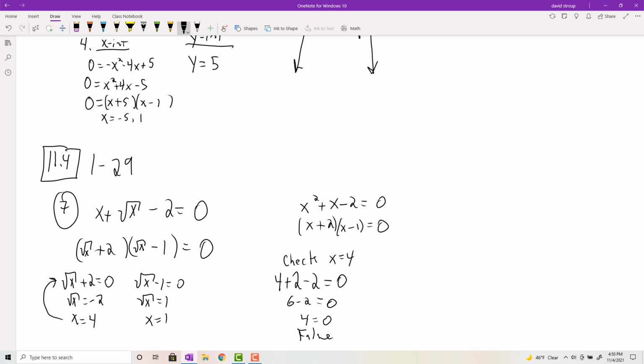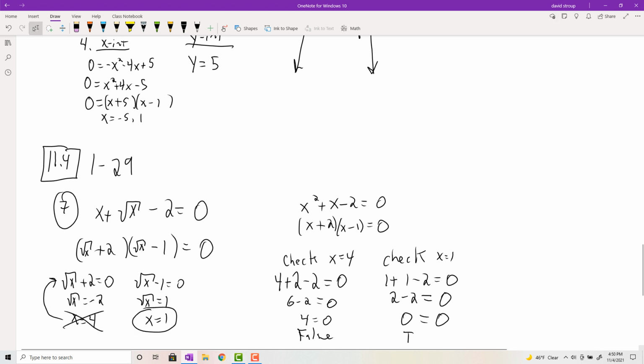Let's check the other one. So x equals 1. So I have 1 plus square root of 1 is 1, minus 2, and on the other side, you have 0. So I have 2 minus 2 on the left, 0 on the right: 0 on the left, 0 on the right. That is true. So the only solution is 1, and we toss out the other one.